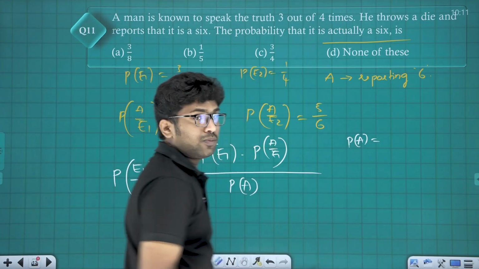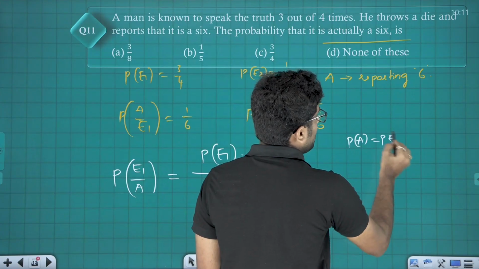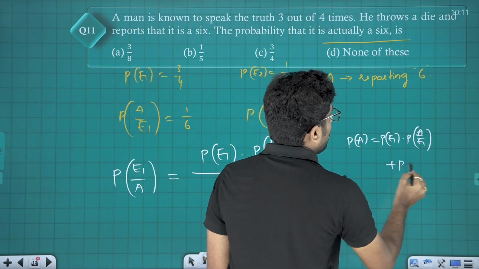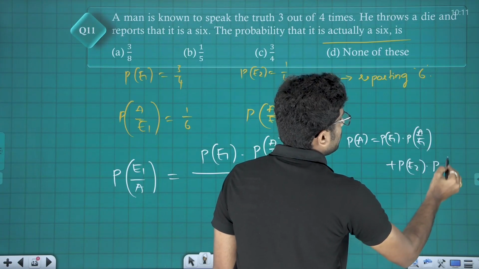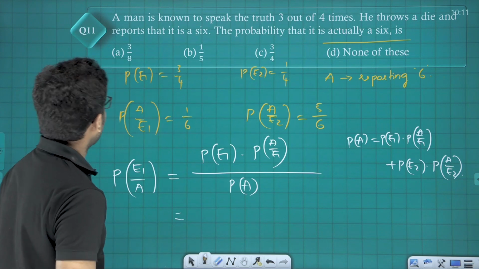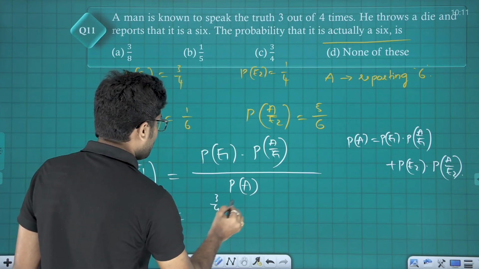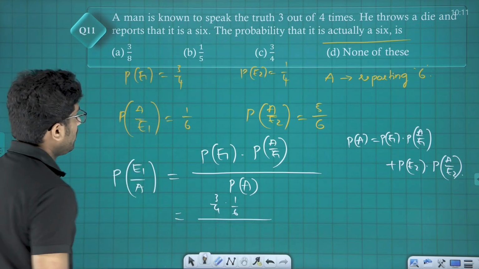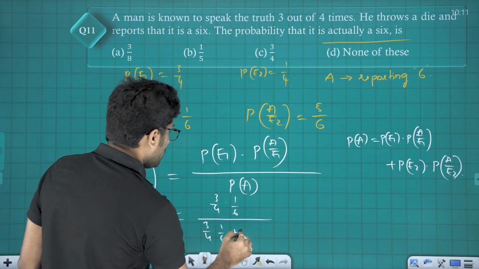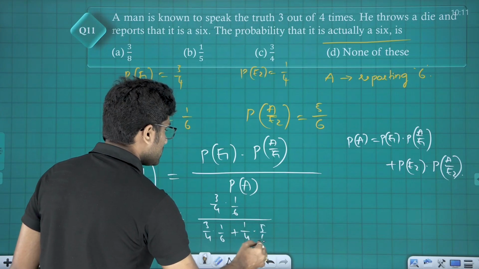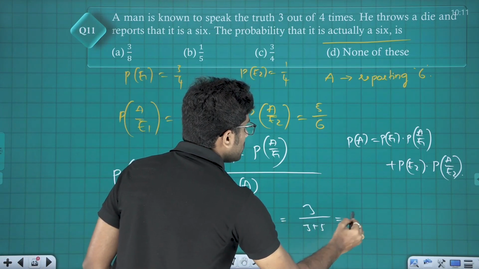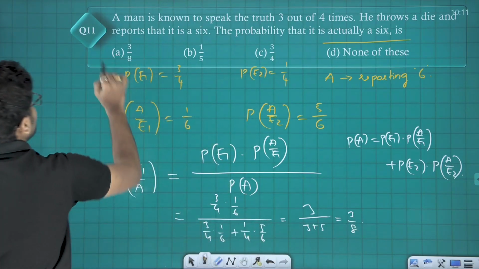By using total probability theorem, P of A will be P of E1 into P of A given E1 plus P of E2 into P of A given E2. So 3 by 4 into 1 by 6, divided by 3 by 4 into 1 by 6 plus 1 by 4 into 5 by 6. So 3 divided by 3 plus 5, which is 3 by 8, friends. Answer is 3 by 8.